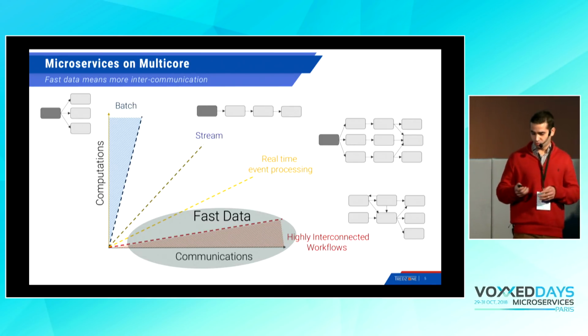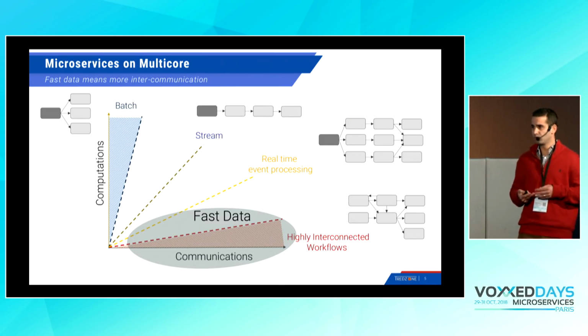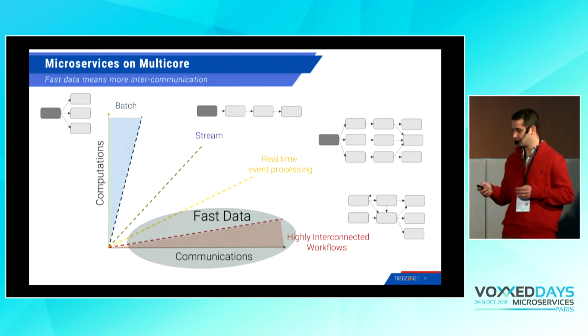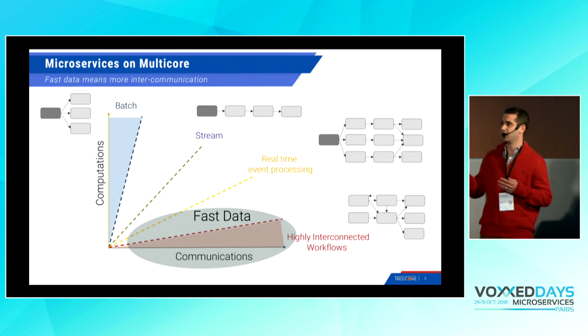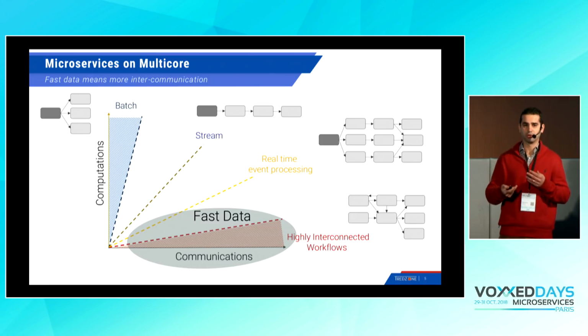And when we look at the performance profile of each microservice, it should lie somewhere in this spectrum. So what we are showing here is the performance profile of an application. It's a ratio of computation and communication between different components of the system. When we have an application with more computation than communication, we are in what we call batch processing.